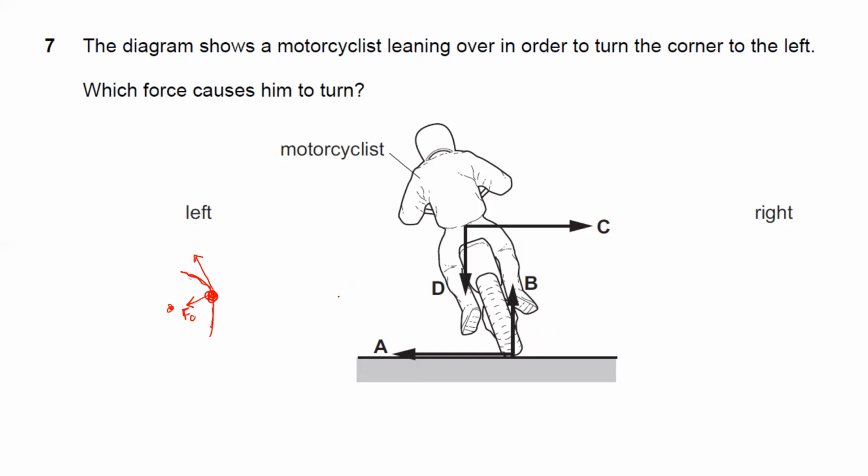So it is moving towards the left, and there would be a force towards the center of whatever circle this guy is making. This force A is the only force that is towards the left side and towards the center of the circle. So the answer A will be the right choice in this case.